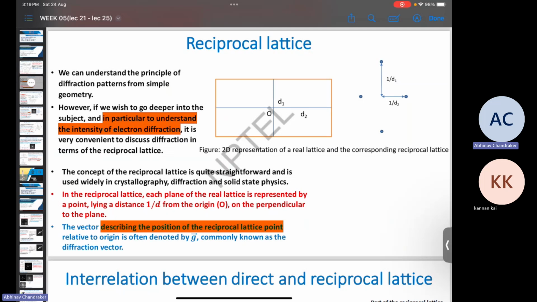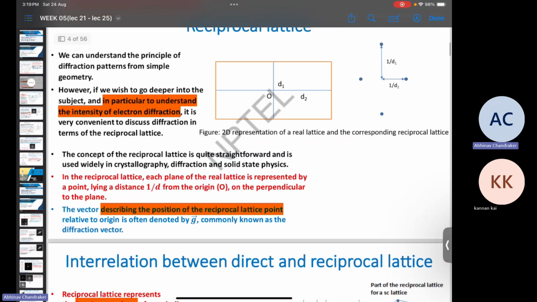And this concept is reciprocal lattice. So till now we had understood diffraction from the Bragg's law perspective, from what we call the real space. But here we'll look at something called reciprocal space.